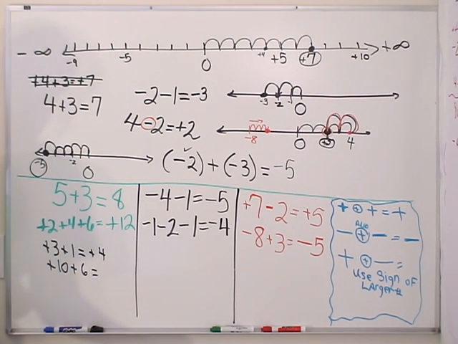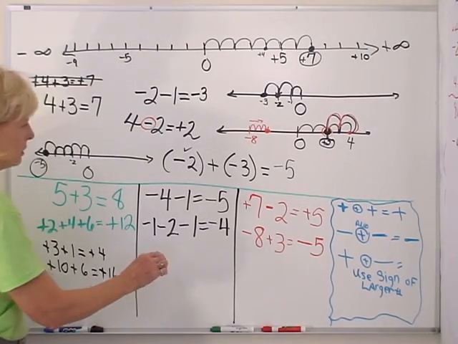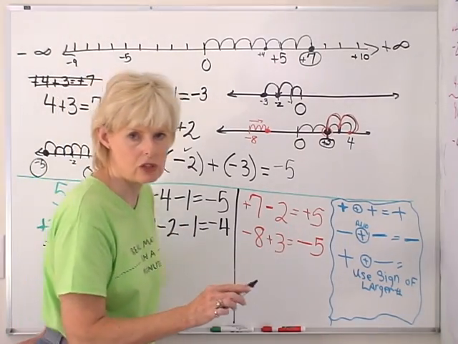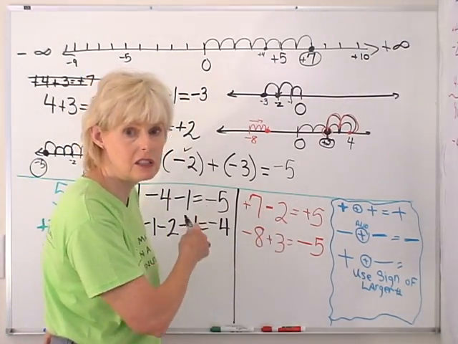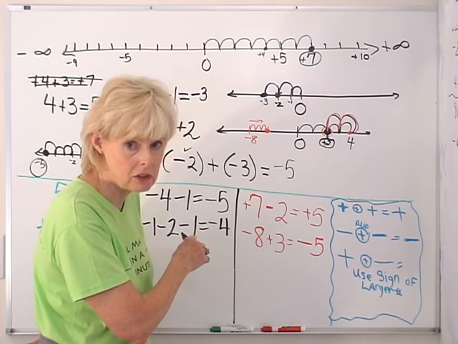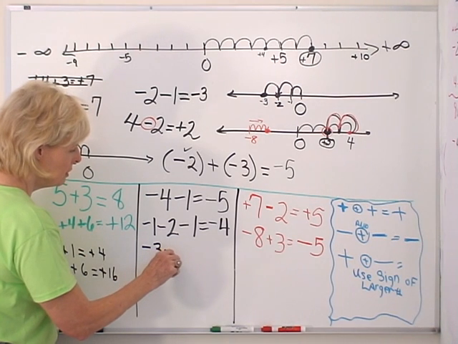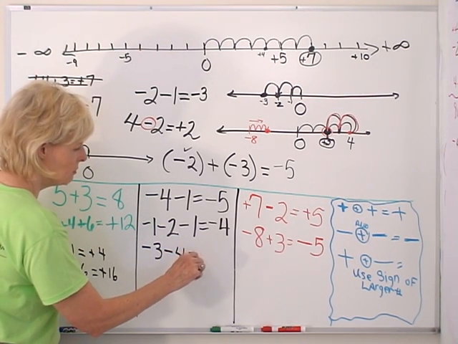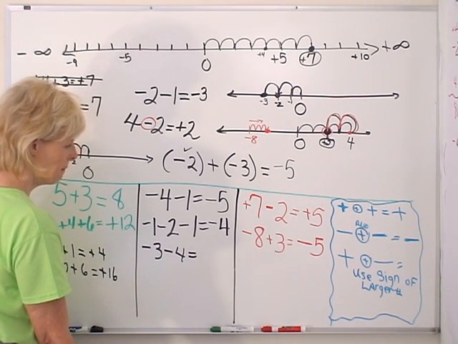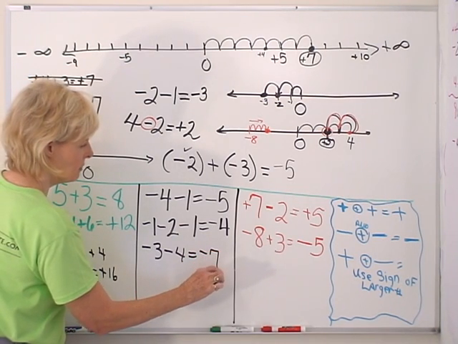Got your answer? +16. Good. All right, this is all negative jumps. Negative to the left, negative again to the left. So we're to the left. So here we go. -3 and -4 is, get your answer, -7. Great.